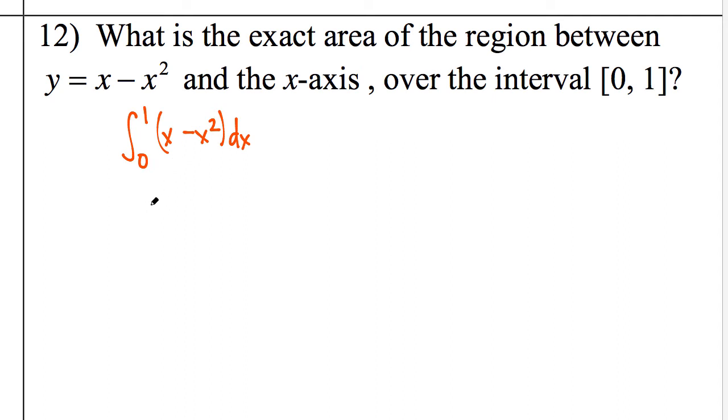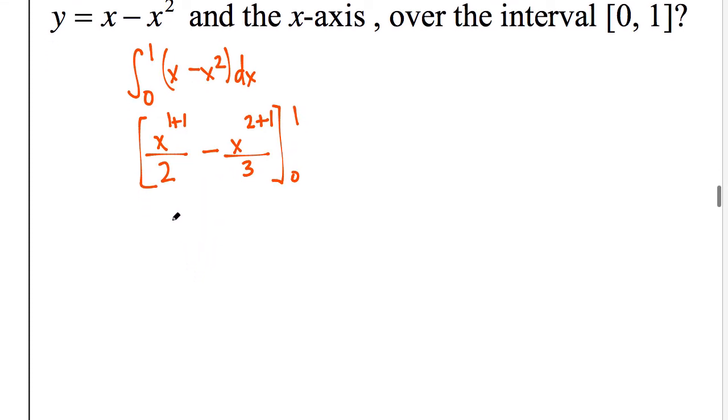So we're just going to do what we know how to do, which is to take the antiderivative of each term separately. We have x to the 1, raise that by 1 power, now we're dividing by 2, minus x to the 2, raise that 1 power, so now we divide by 3, and we are evaluating this from 0 to 1.